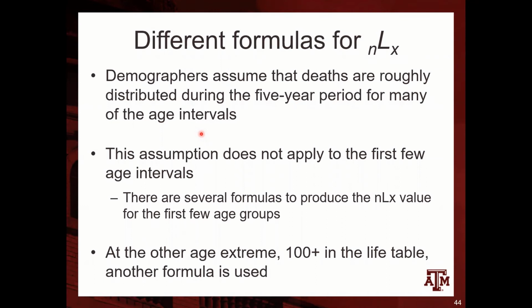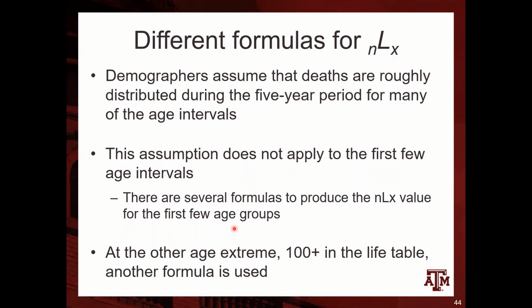From 25 to 29, we assume that mortality is at the same level within that age group. However, the assumption does not apply to the first few age groups. So there are several formulas to produce the big L column value for the first few age groups. Different demographers use different formulas, and I'm going to show some of them in the Excel file.